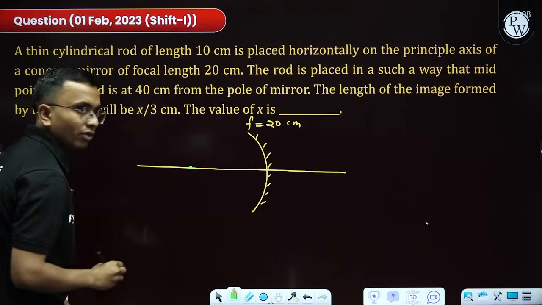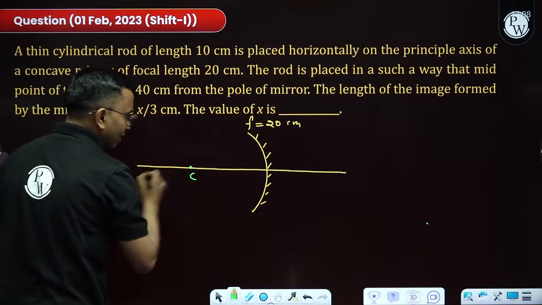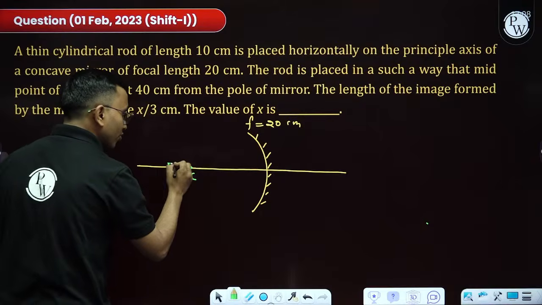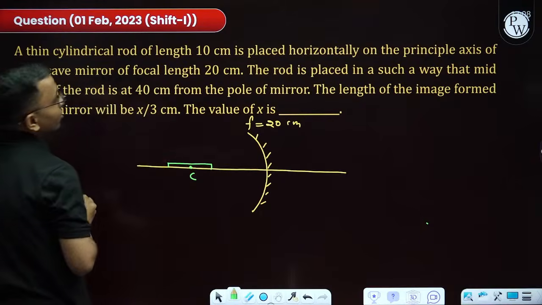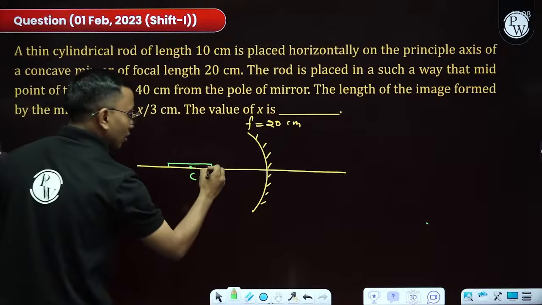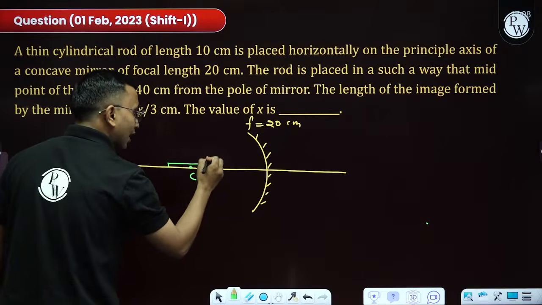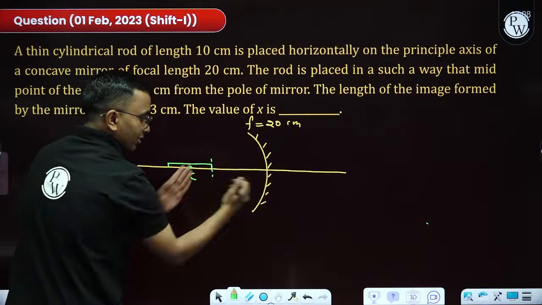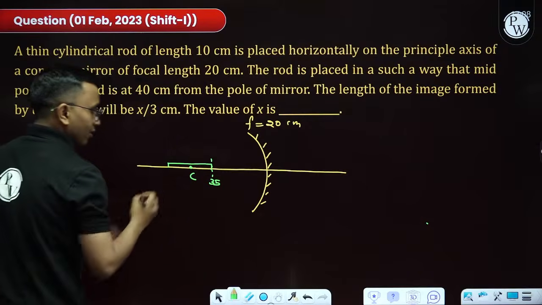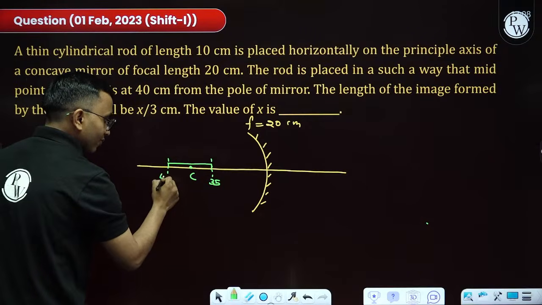Here is my 2F, or I can say C. The midpoint of the rod is here. What is the total length of rod? 10 centimeter. So this is 40, this end will be 35 and the other end will be 45.